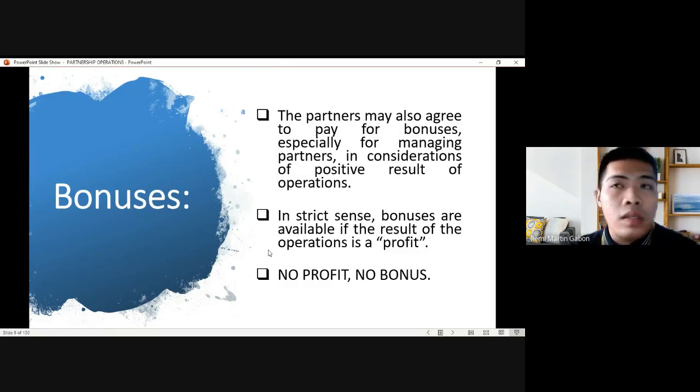So if it is a loss, sorry, there is no distribution of bonuses. Okay? So there must be a profit. So there's a common rule: no profit, no bonus, because it is based on the performance and the result of the operation of the partnership.